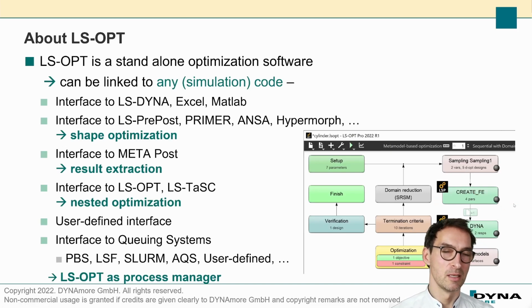Then you create your simulation, you run LS-DYNA, you extract the results, then you perform your optimization, and then you check, does it match your optimization criteria? If not, you go again. You go through this loop until you match your optimization criteria, and then you finish your optimization. And LS-OPT is pretty much designed around this graphical drag and drop interface.